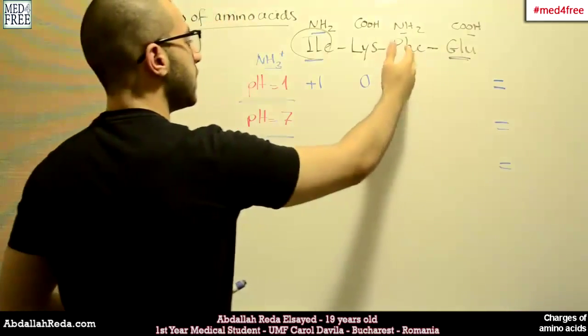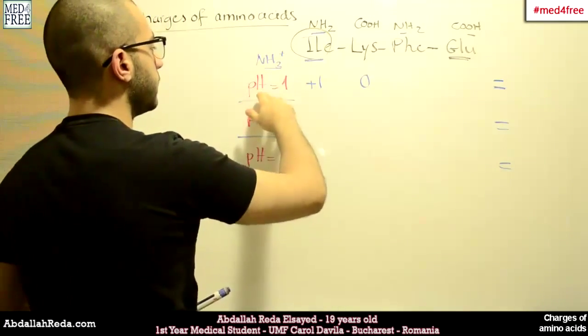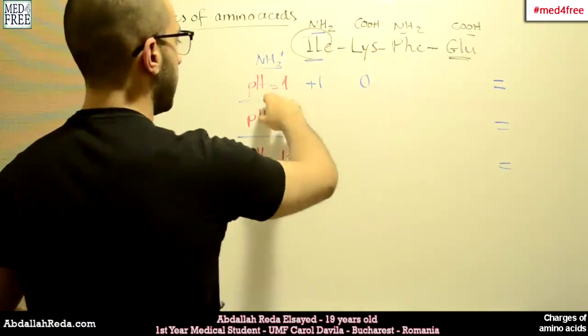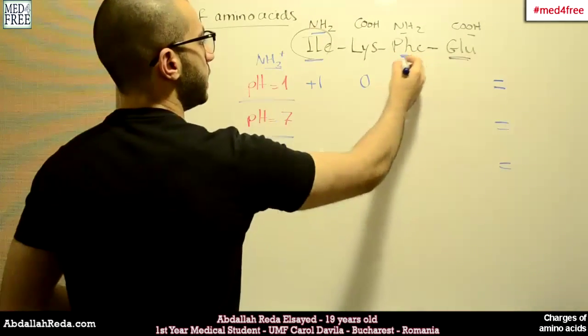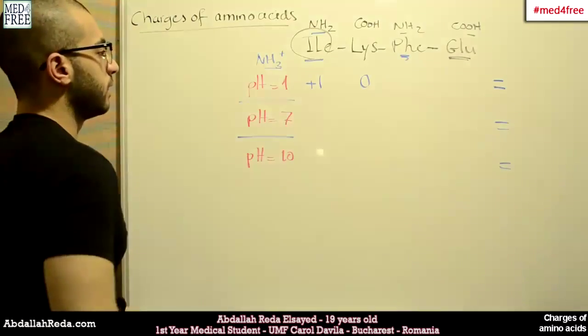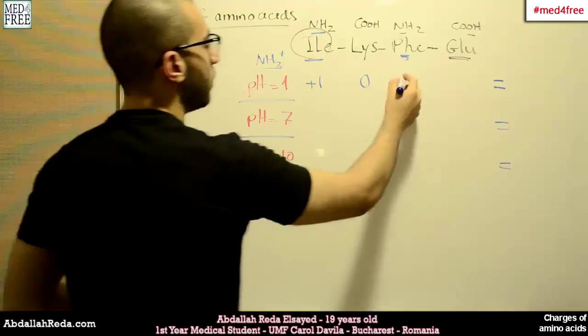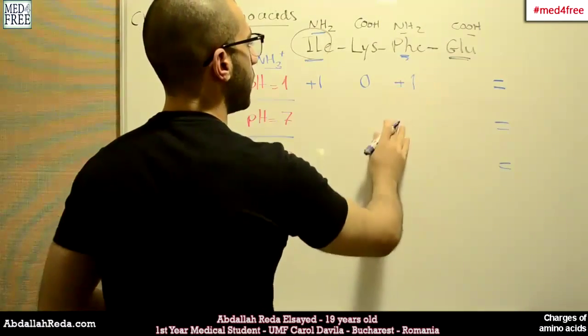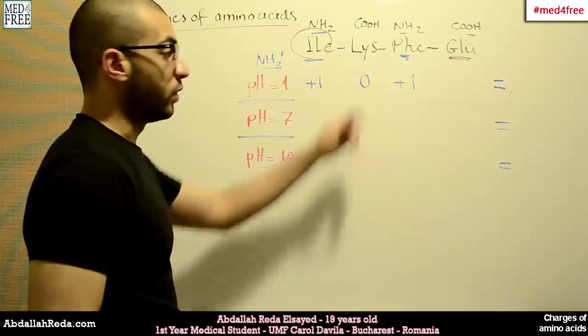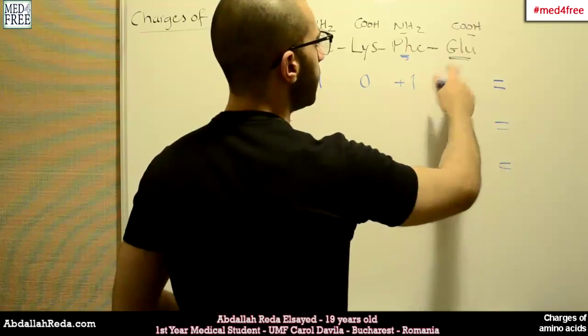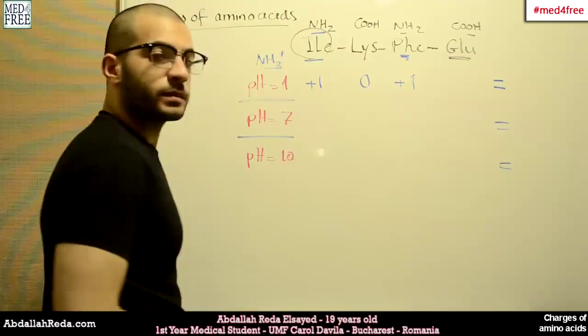Phenylalanine, also the pH will be higher. The pI will be higher than the pH because phenylalanine is also around 6 of a pI. So we will have a +1 because we are dealing with an amino group. And finally, glutamine.